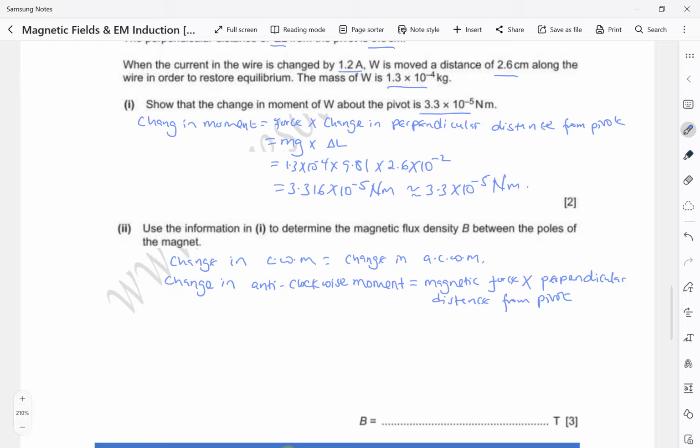So the magnetic force is going to be given as BIL.